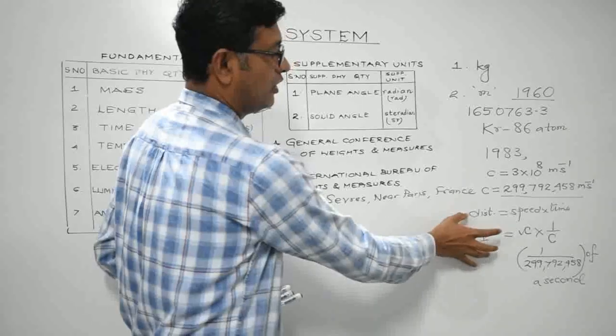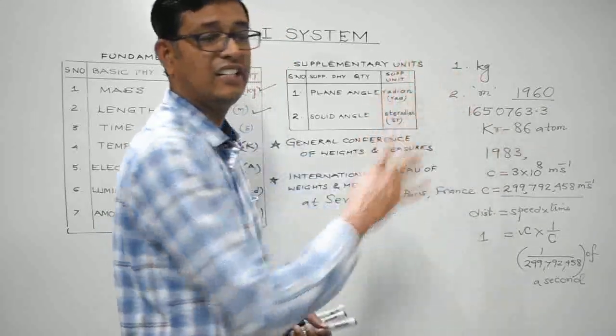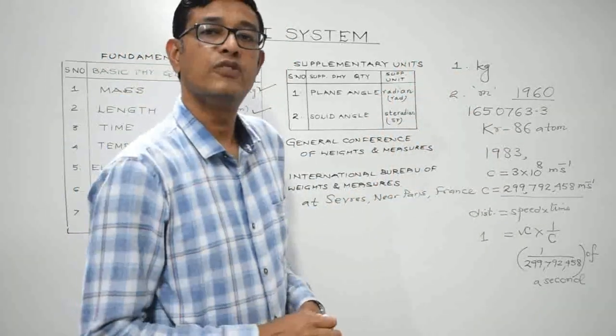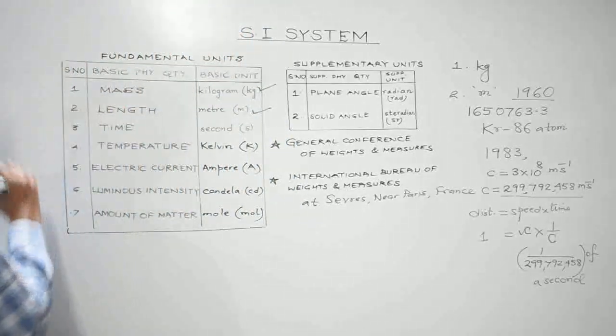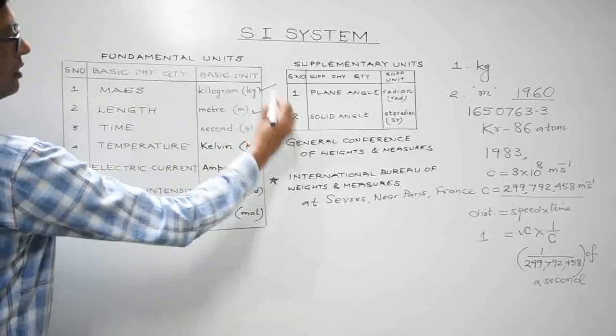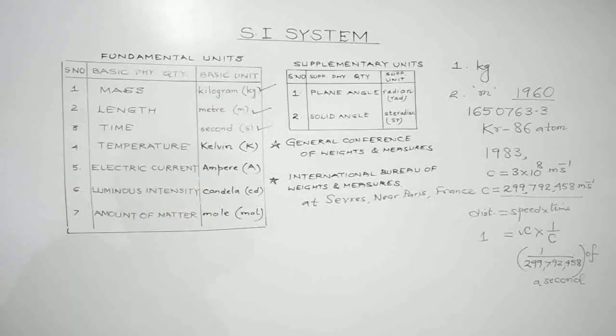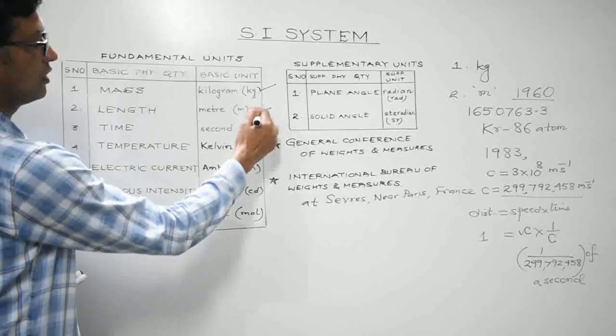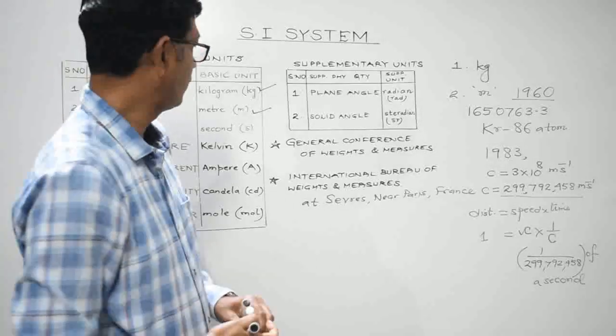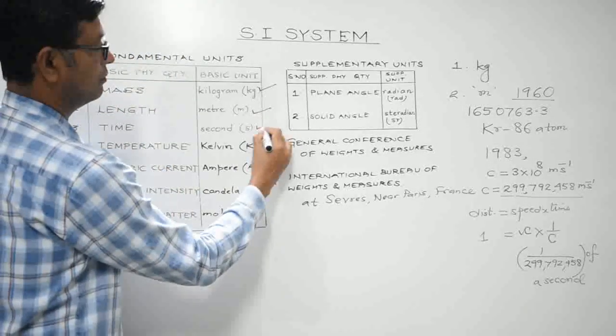This is the definition which was adopted in 1983 by the General Conference of Weights and Measures, right? So that's the definition of meter. We have discussed meter. Now, we will discuss the definition of time.